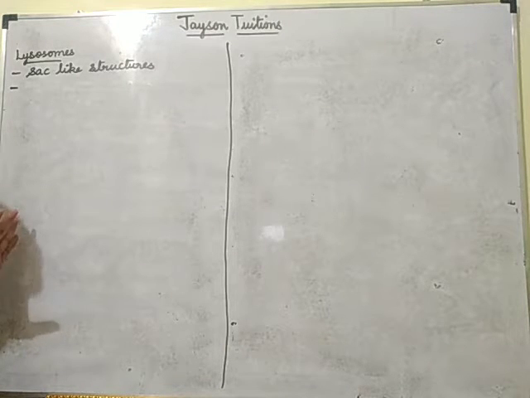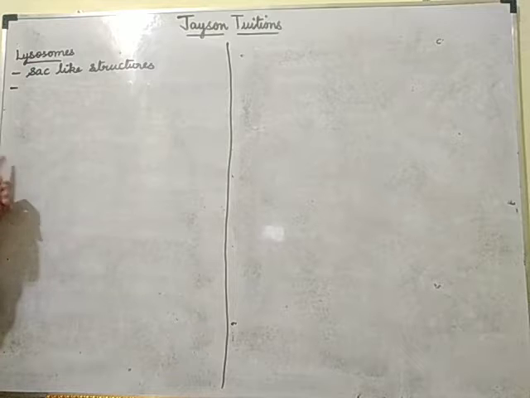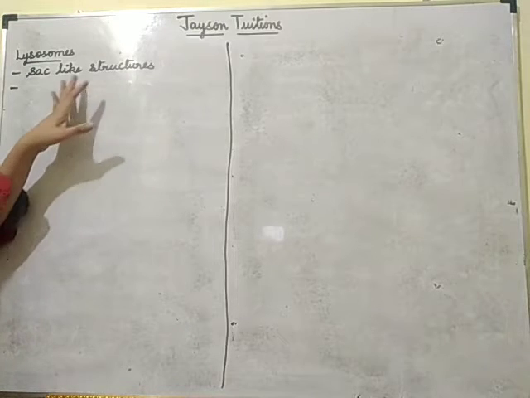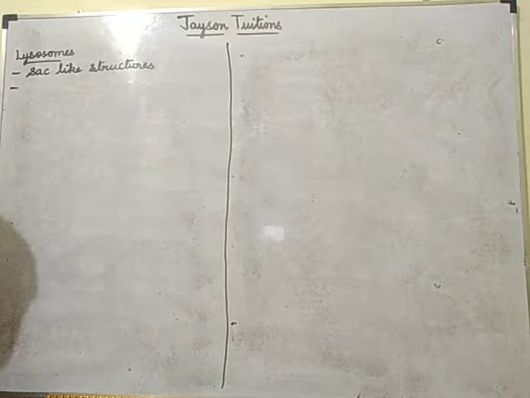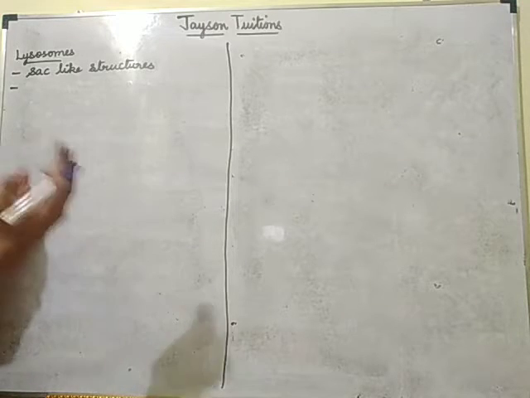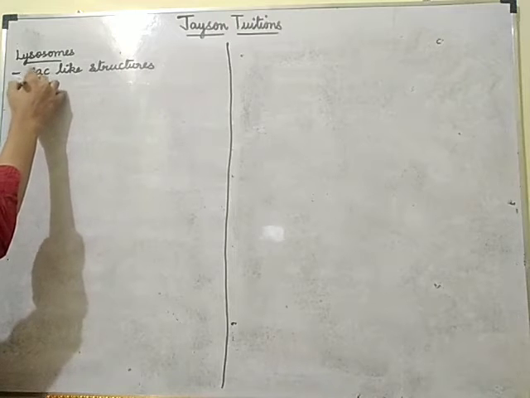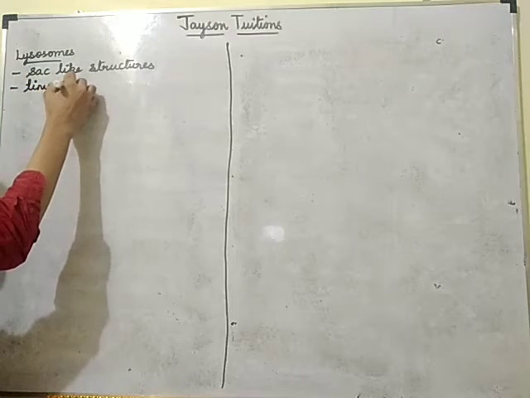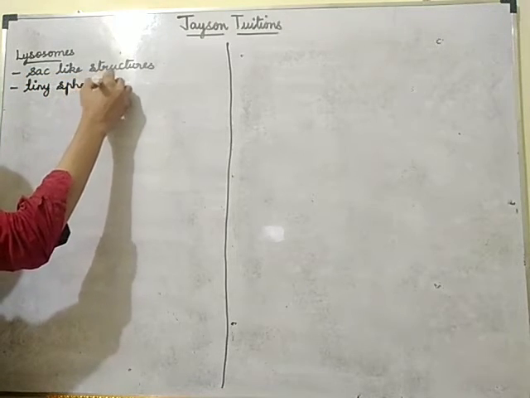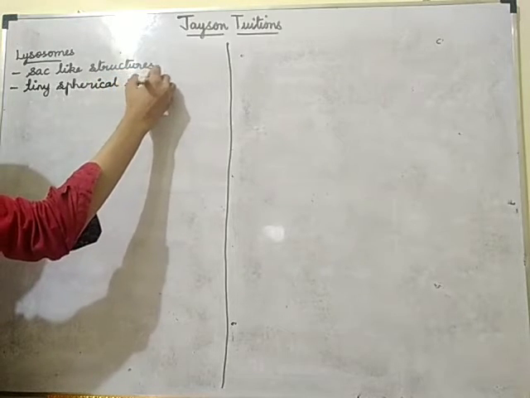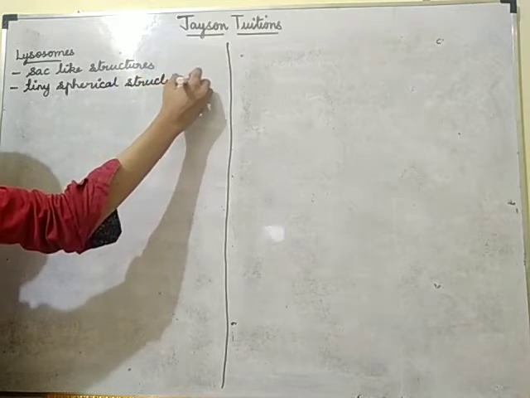They are also sac-like structures. But what is the difference? Golgi apparatus will be flat sac-like structures. These lysosomes will be like tiny spherical structures.